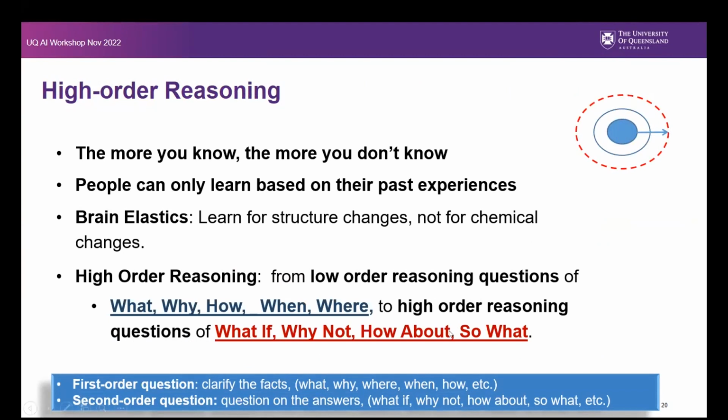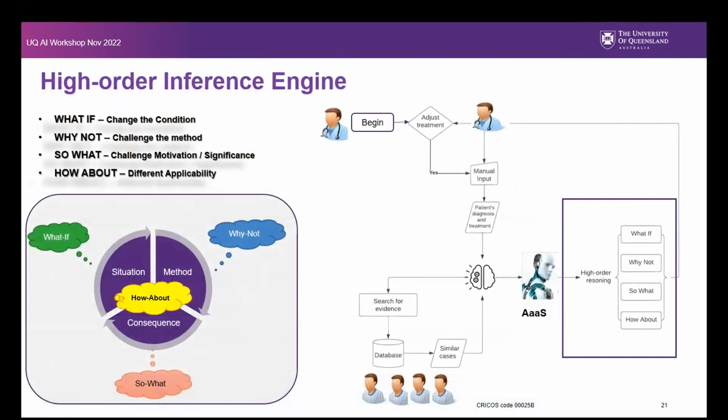High order reasoning considers what if, why not, and so on, and this is the idea of our prototype. This prototype means I can challenge your conditions, challenge the method you are using, challenge the outcome or significance, and also different applicability. This is our contribution.